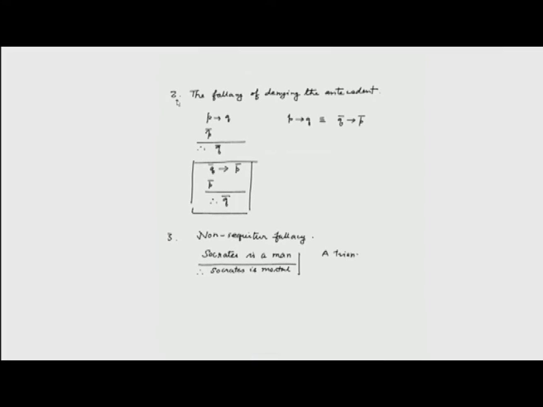For example, although this looks reasonable, I could have taken two different propositions, such as a triangle has three sides, therefore, a triangle is a square.